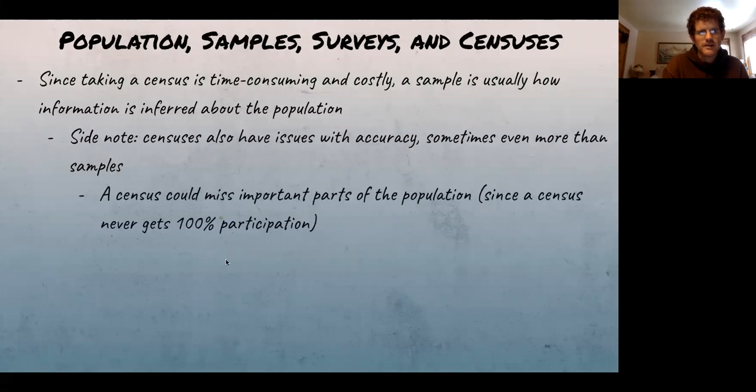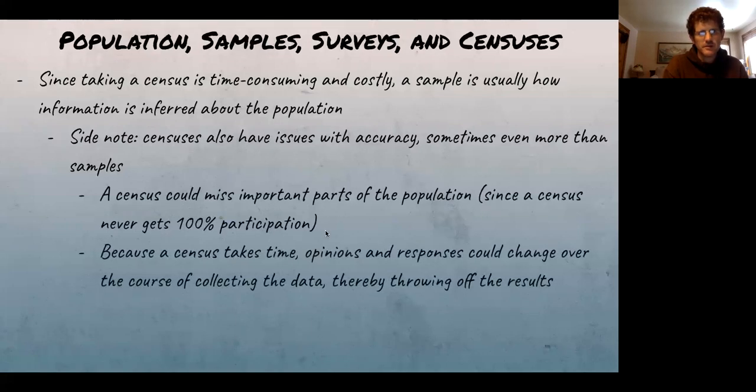You never get 100% participation, so you could be missing parts of the population. And this is something in the book. If you are trying to get everyone's opinion, well, new information could come out from when you start the census until the end, and thereby you're not getting a real accurate picture. So you want your data collection to be as quick as possible.